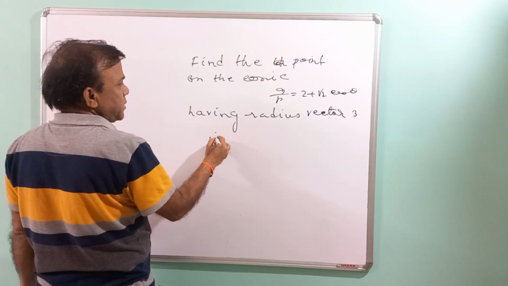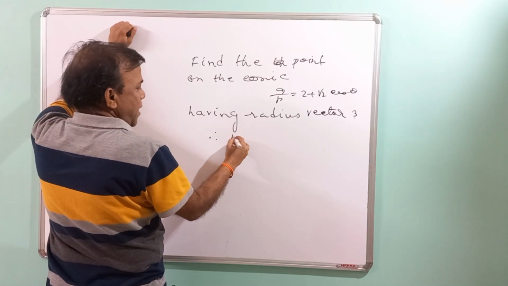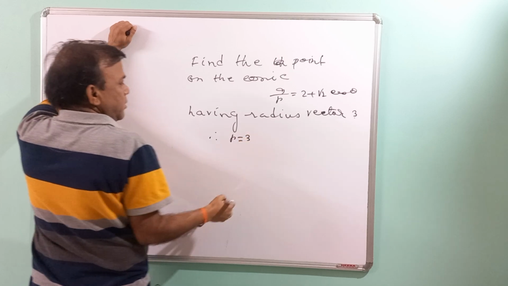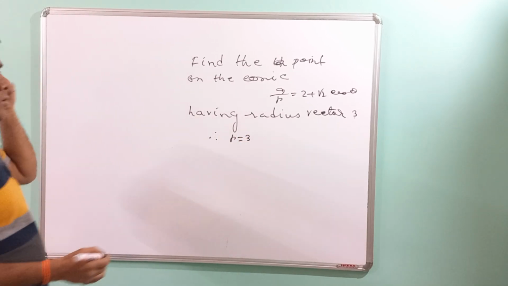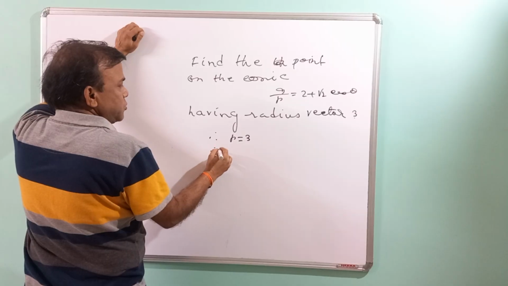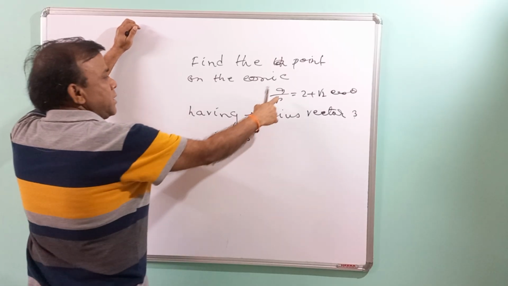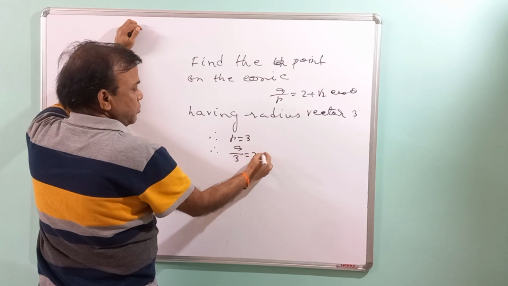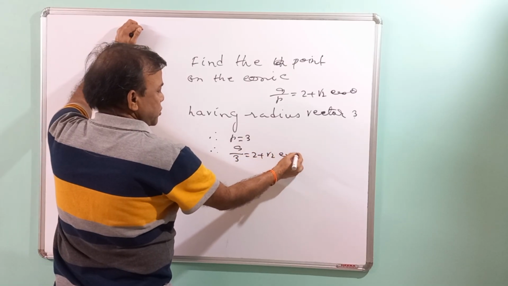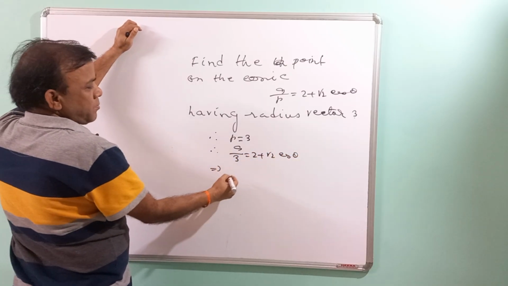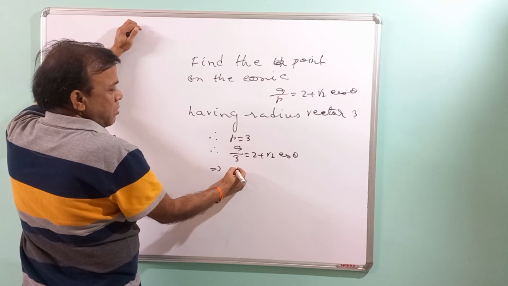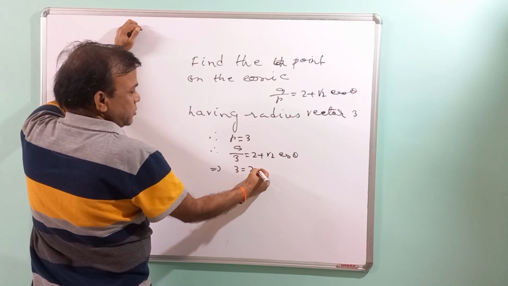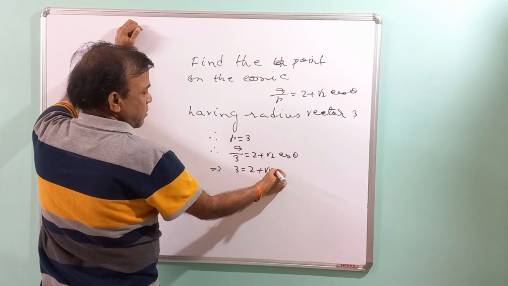As the radius vector is r there, and it is given as 3, therefore we have to put the value of r into this one. 9 by 3 equal to 2 plus root 2 cos theta. Therefore 3 equal to 2 plus root 2 cos theta.